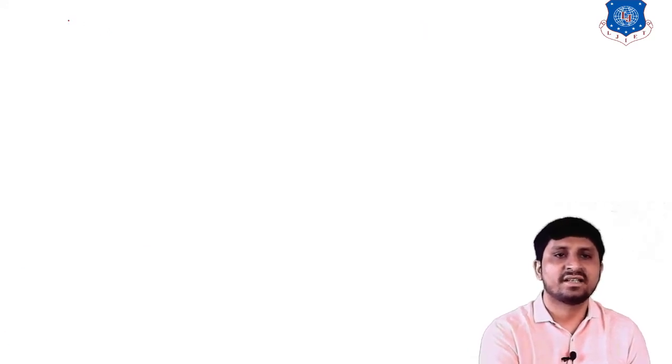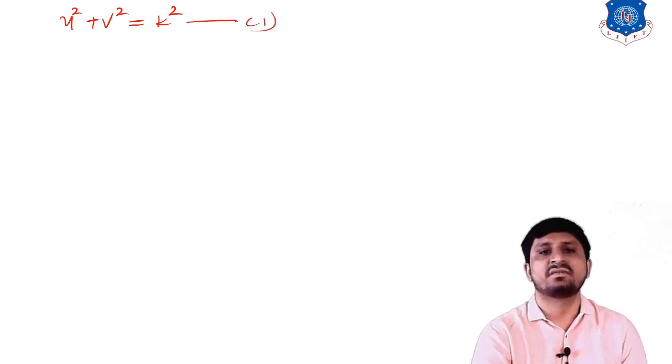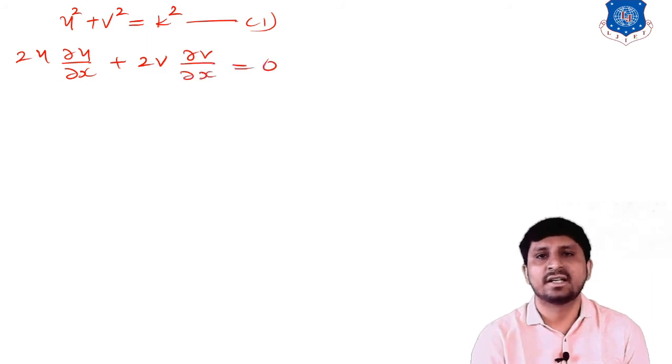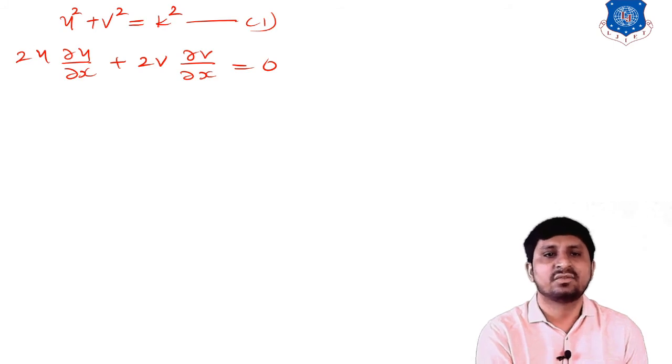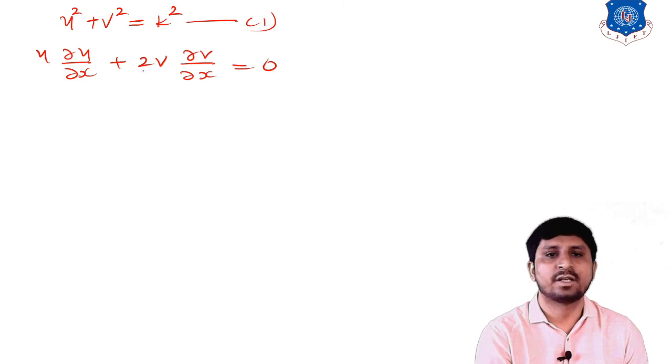Once again, my equation is u square plus v square equal to k square. This is my equation number 1. Differentiating with respect to x, we get 2u del u by del x plus 2v del v by del x equal to 0. Clearly the 2 is common and the right side is 0, so we can directly write u del u by del x plus v del v by del x equal to 0.